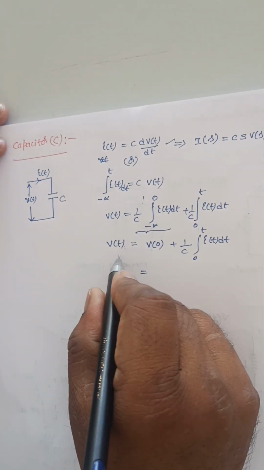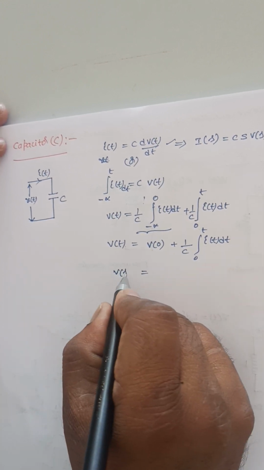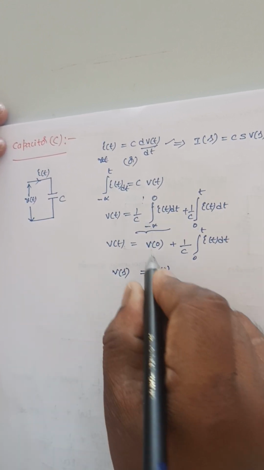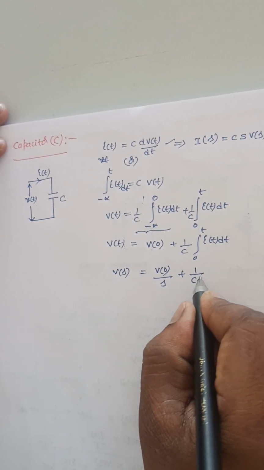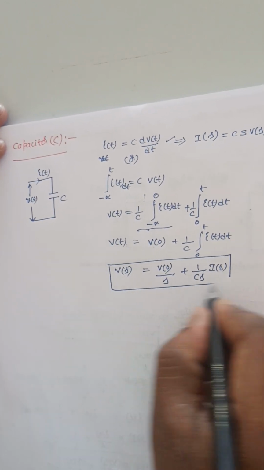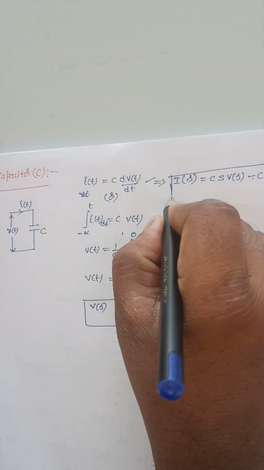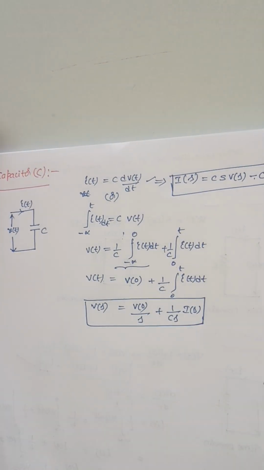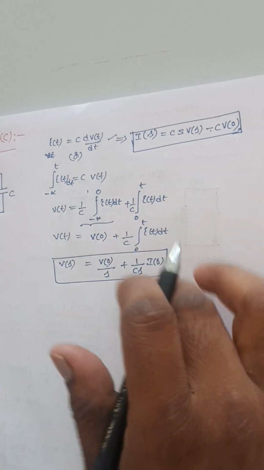Taking the Laplace transform for the other expression, V of s is equal to V of 0 by s plus 1 by Cs into I of s. So there are two ways of representing the capacitor using these two equations.